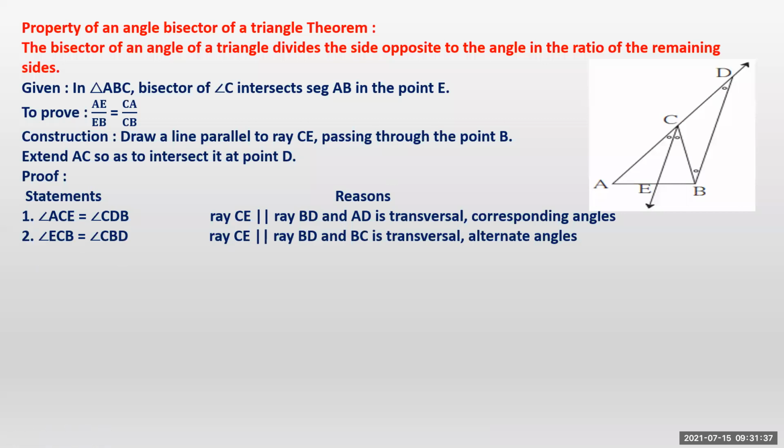Angle ECB equals to angle CBD. Again, ray CE is parallel to BD. BC is the transversal. They form the pair of alternate angles. Now, how to guess this in the figure? I'll tell you. So these are the two parallel lines. This is the transversal.